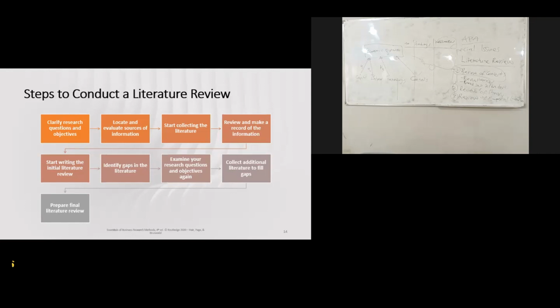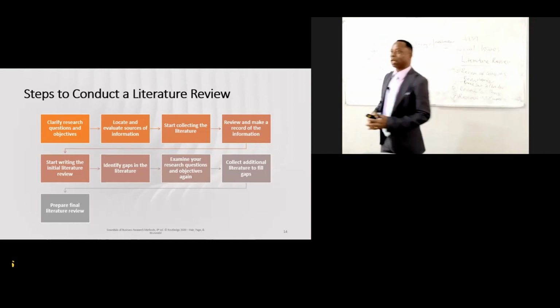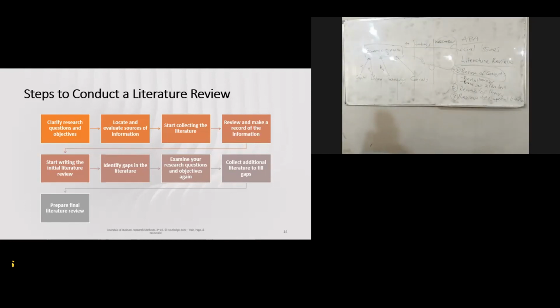Because if you are familiar with, for instance, the research process we've talked to you about, we have different philosophical stances, we have the way the research process is supposed to go, this is how you do your research design, etc. All those things are equipping you to be able to identify a gap.